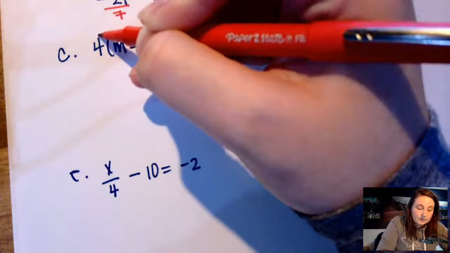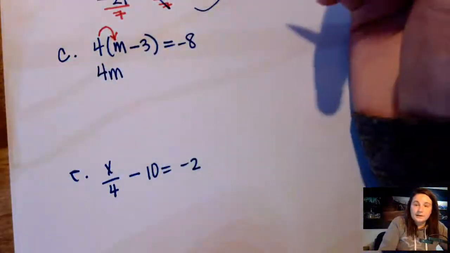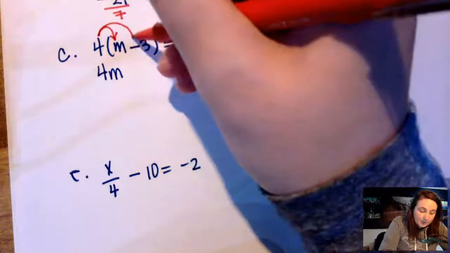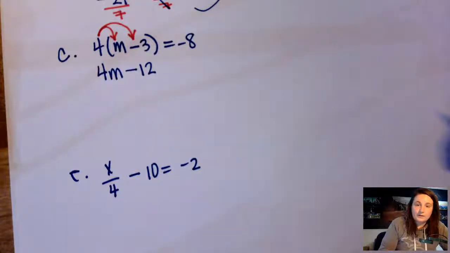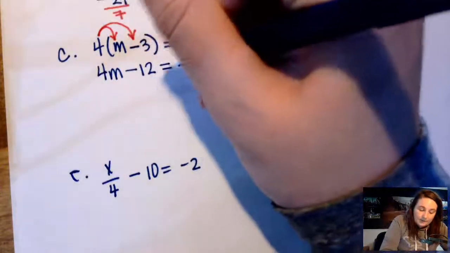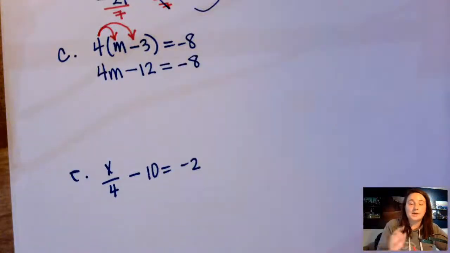So I'm going to distribute the 4 to the m to get 4m. Then I'm going to distribute the 4 to the minus 3 to get minus 12. And then we have equals negative 8. So whenever you have parentheses, you're going to use the distributive property, multiplying whatever's on the outside to whatever's on the inside.